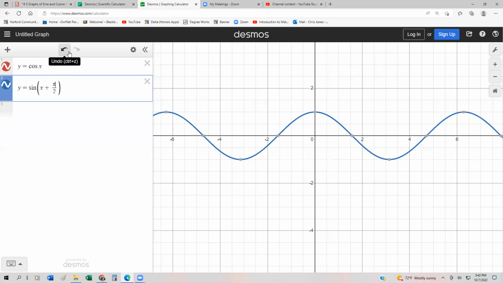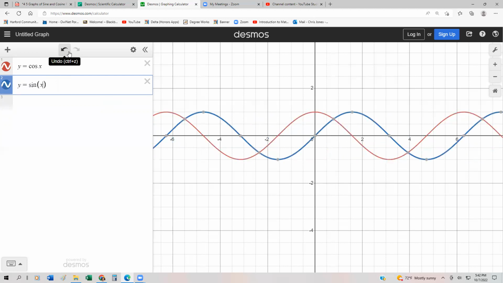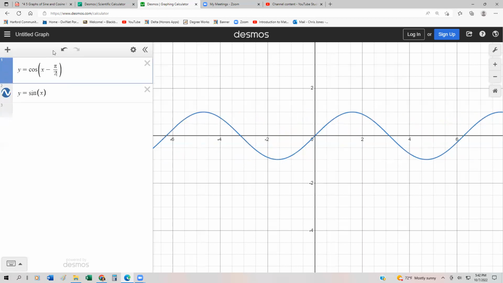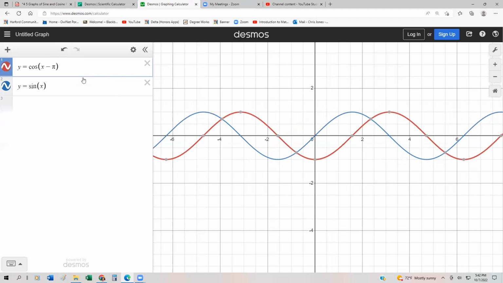For instance, if I just had the regular sine function and I have my cosine, and let's say I was to shift this a little bit to the right, so maybe I said x minus pi over 2, then notice that these functions look exactly alike. And if I had x minus pi, well, they do the exact same thing.